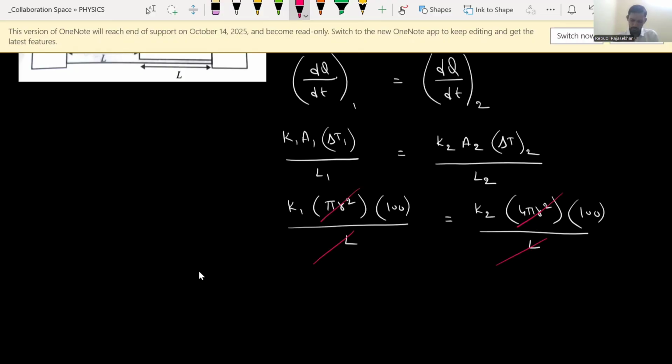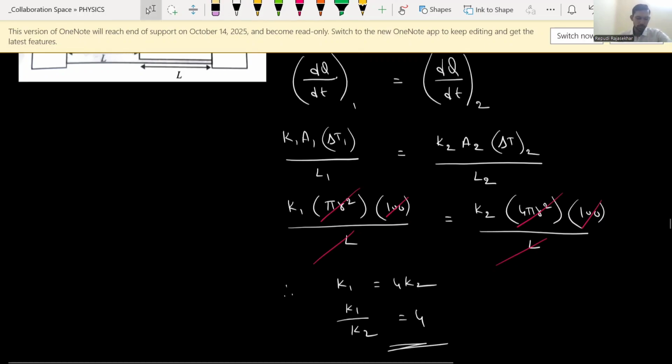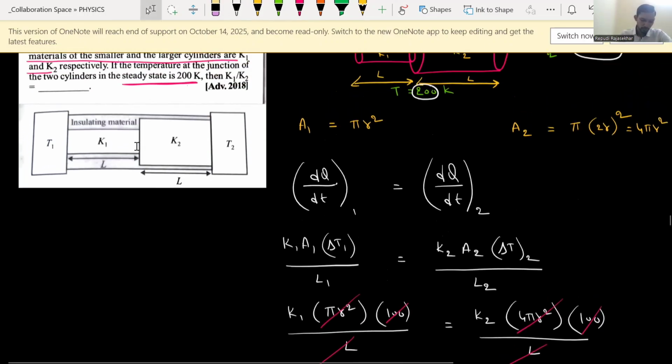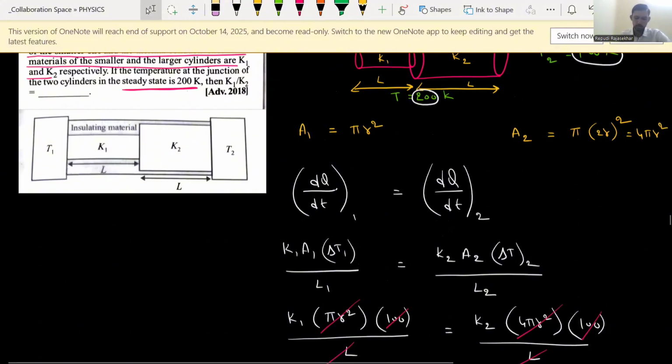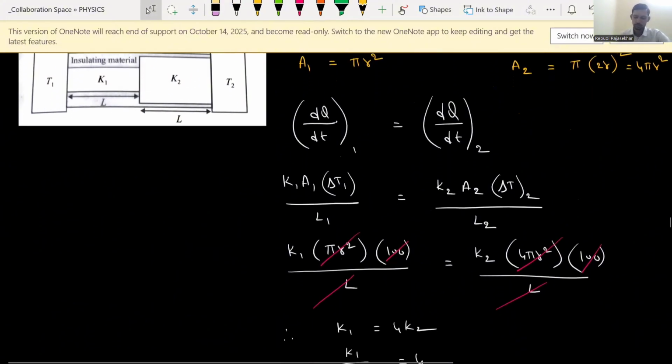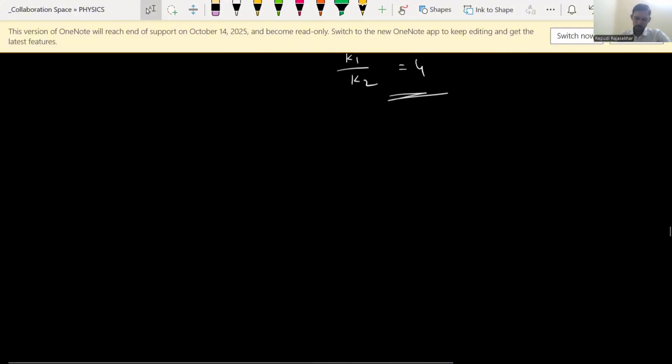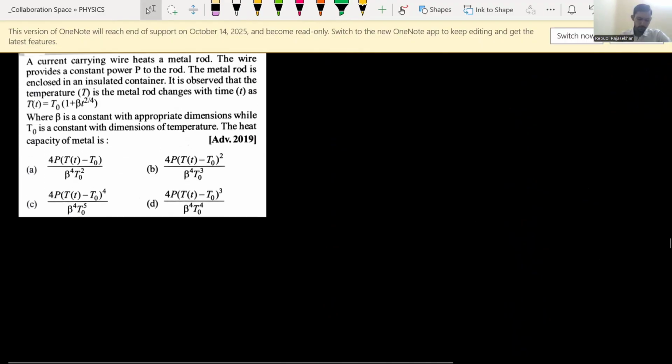Here also pi r square cancels. 100 and 100 get cancelled. Therefore, K1 equals 4 K2, means K1 by K2 value is how much? 4. So they're asking in the question ratio of K1 by K2, right? So answer should be 4 for this question. Next one, 2019 question it is.